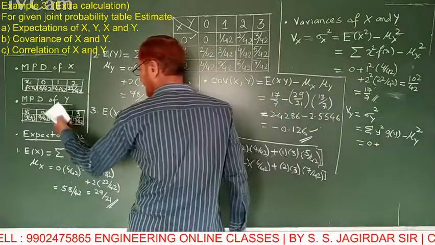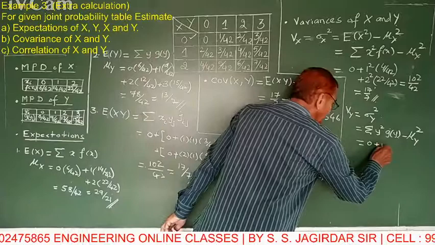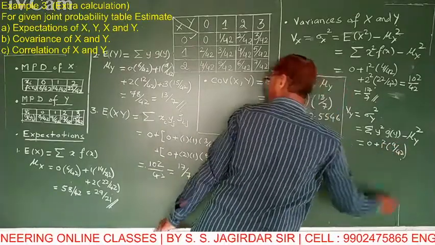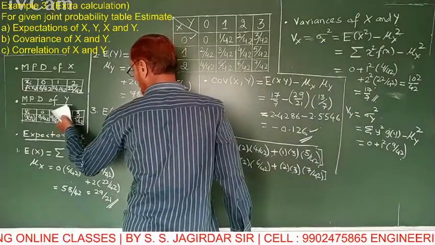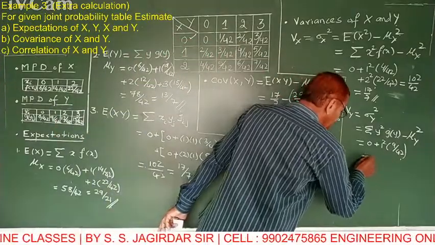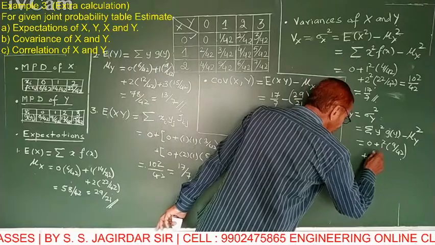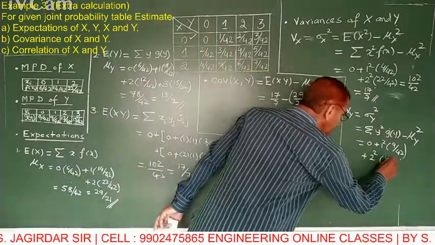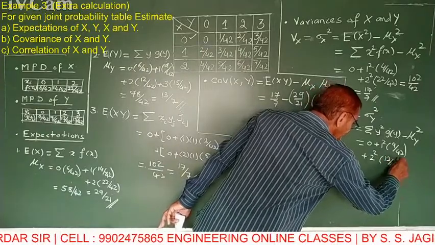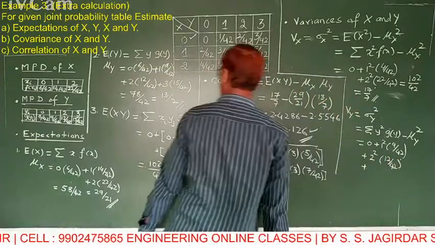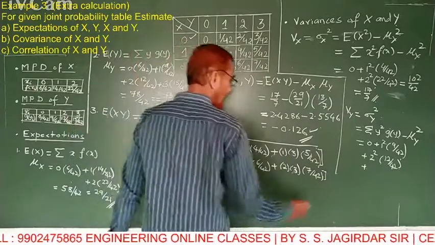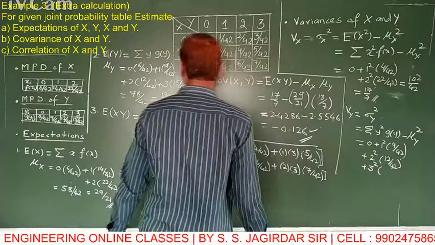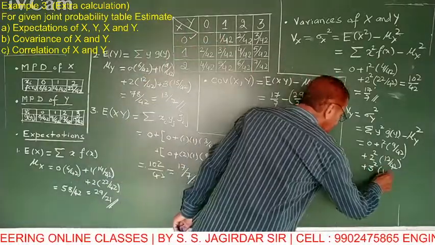Next, 1 square into 9 by 42, plus 2 square into 12 by 42, plus the last one, 3 square into 15 by 42.